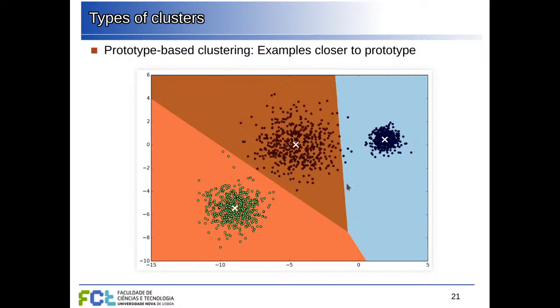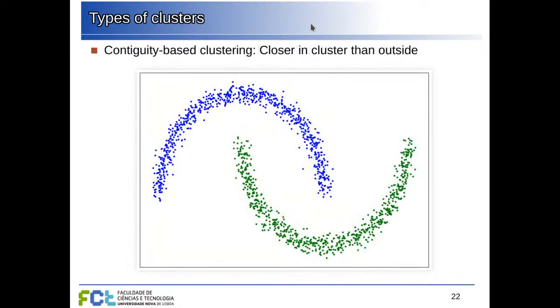So this means that the partition of the space is done based on the distance to the prototypes. We can have, for example, contiguity-based clustering, where clusters are defined by finding examples that are closer to each other.